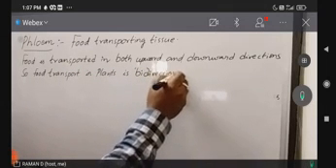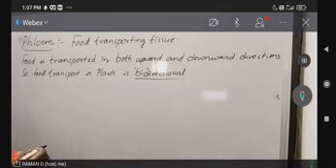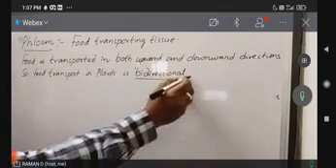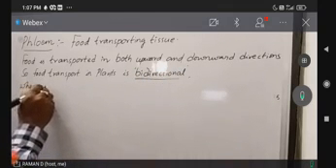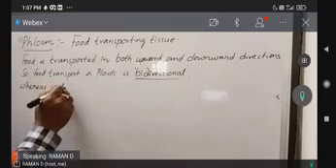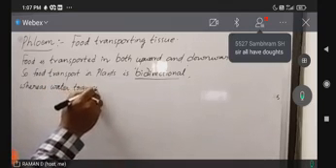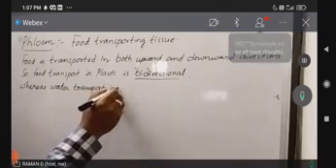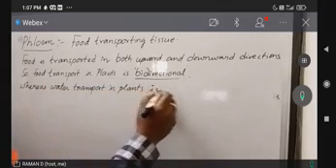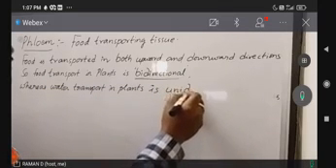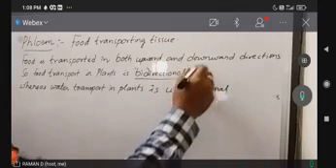Food transport in plants is bidirectional, whereas water transport in plants is unidirectional, in a single direction.